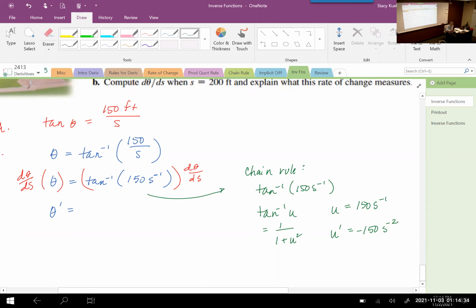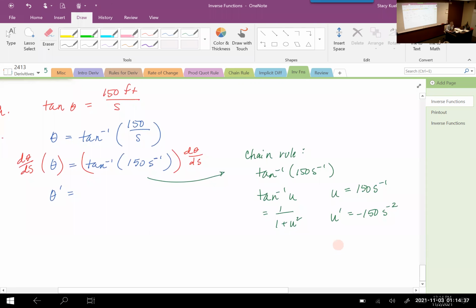Right? Okay. So what we're saying here is the chain rule says I'm going to take the derivative of the outside, which is 1 over 1 plus u squared, where u is the argument, times the derivative of the inside, which is the derivative of u, which was -150 s to the -2.